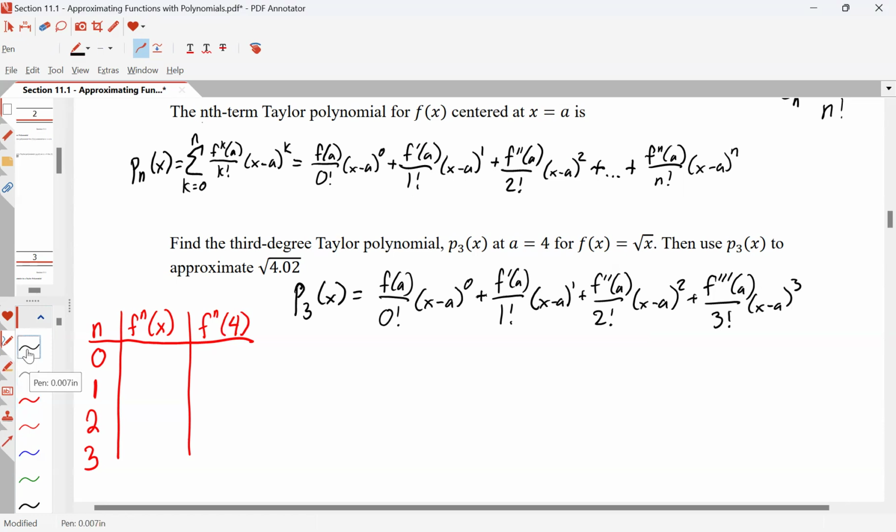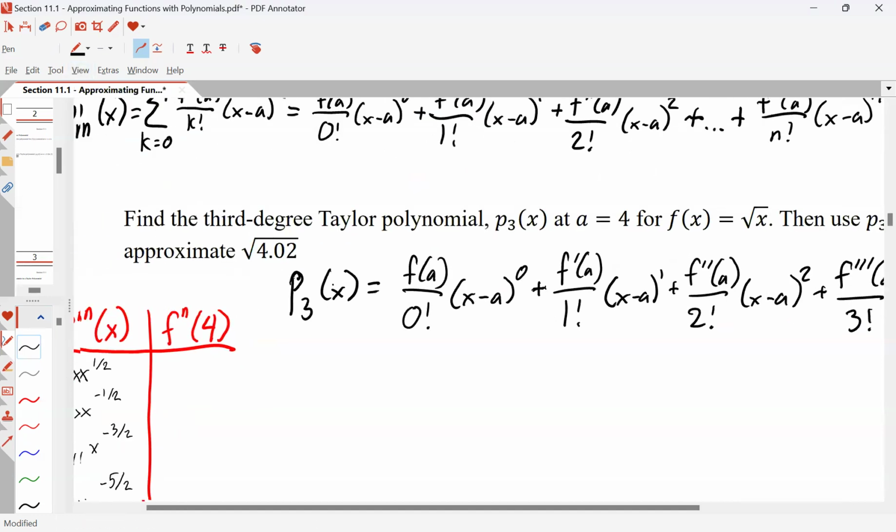Our function is the square root of x. The other way to write that would be x to the 1/2. So the first derivative is 1/2 x to the negative 1/2. The second derivative is negative 1/4 x to the negative 3/2. And the third derivative is 3/8 x to the negative 5/2. Just using the power rule on each of those.